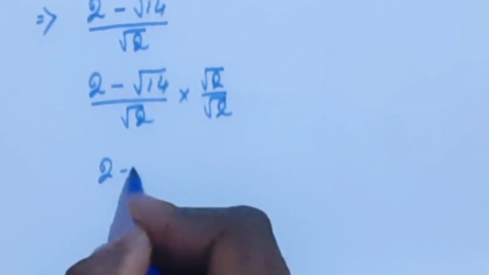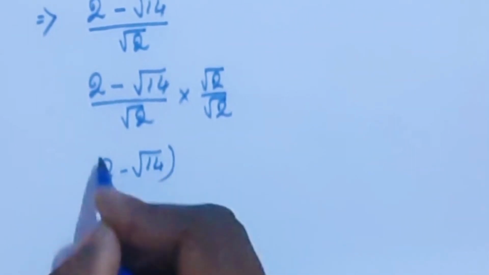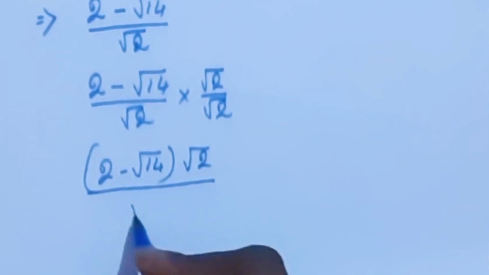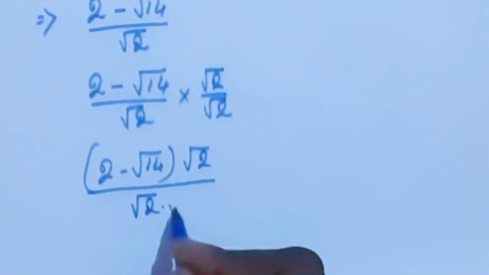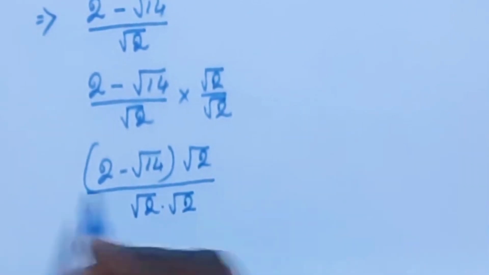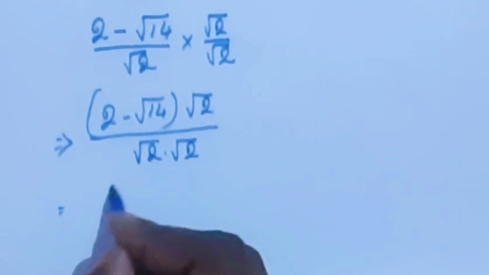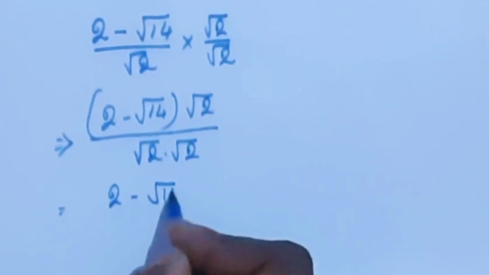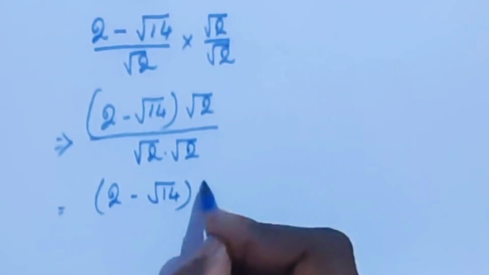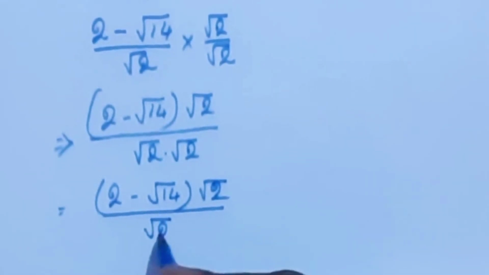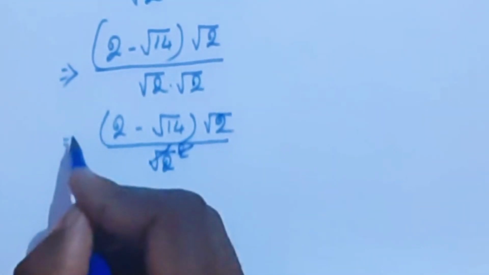So 2 minus square root of 14 times square root of 2, whole divided by square root of 2 times square root of 2. Now this can be written as 2 minus square root of 14 times square root of 2, whole divided by square root of 2 square. We have two squares. Now this square and square root will cancel each other.